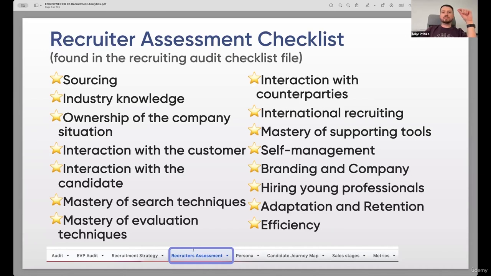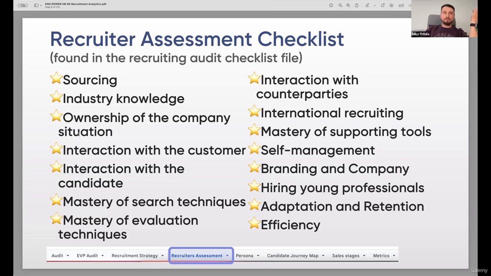Another tab that I'm going to tell you about is recruiter's assessment. It's not only about having correct processes in place or templates or documents, but it's also about having the right recruiters in place. Because if you don't have the right recruiters, then you can't work perfectly and follow the processes.